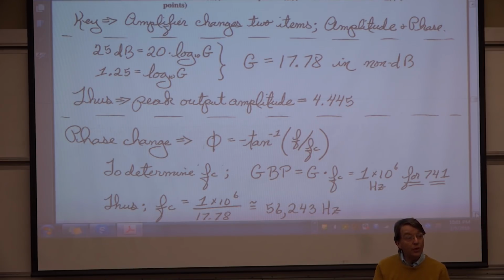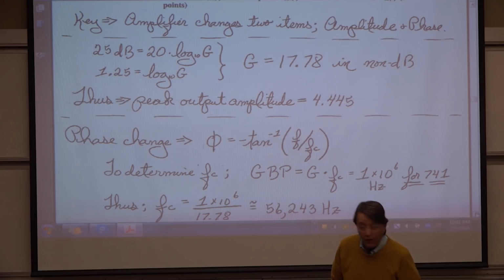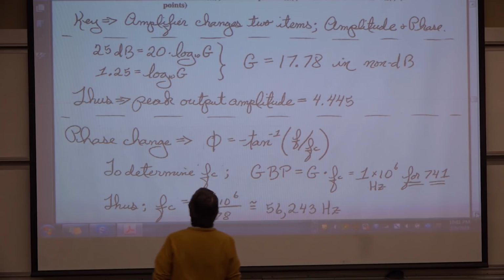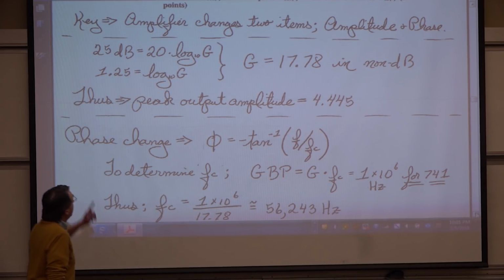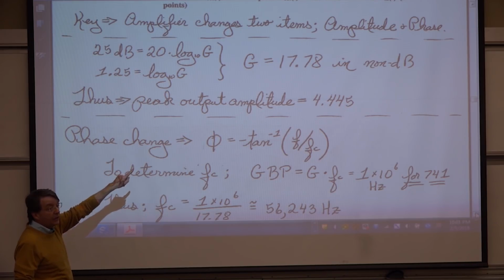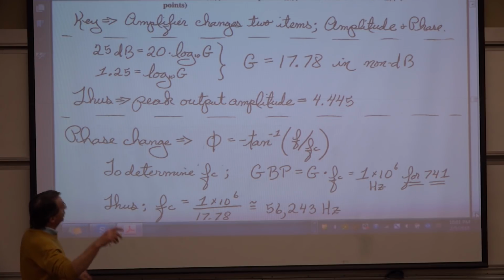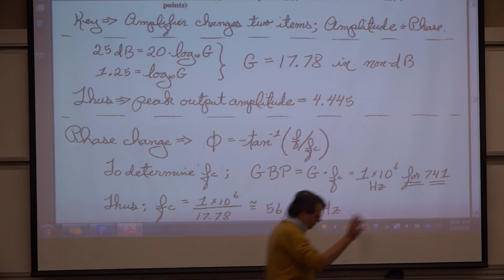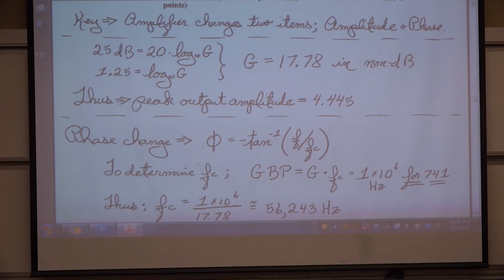Question is, where did I get the peak output amplitude from? Okay, first of all, we're told in the problem that the gain is 25 dB. So I converted that to non-dB, and I got 17.78. So far, so good? The next part is easy. I need to just slide up to show you.